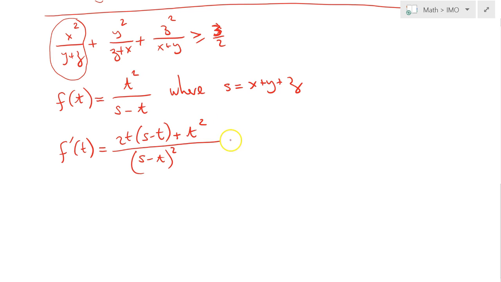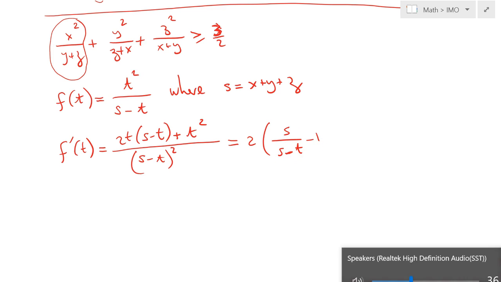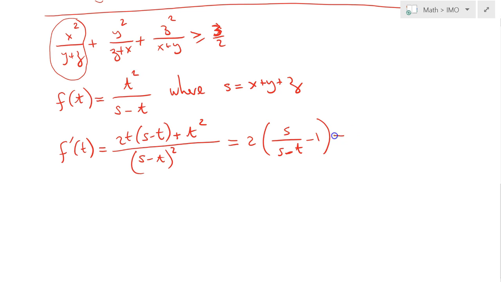But then the nice thing is, if you rewrite this in the following form, s minus t, that's a minus sign, minus 1, squared. If you don't want to use the second derivative, but if you already started it, you can even use one more derivative, so that's not a big deal either. You just realize that this expression is increasing in the variable t, right?